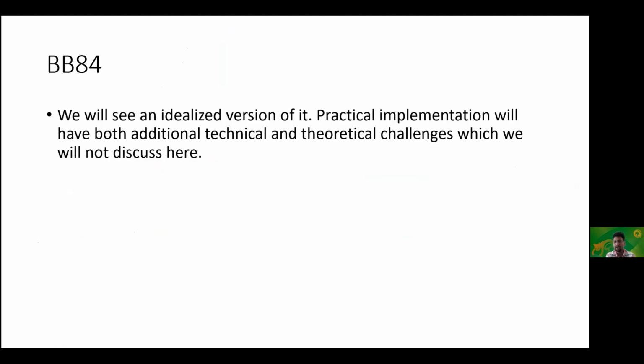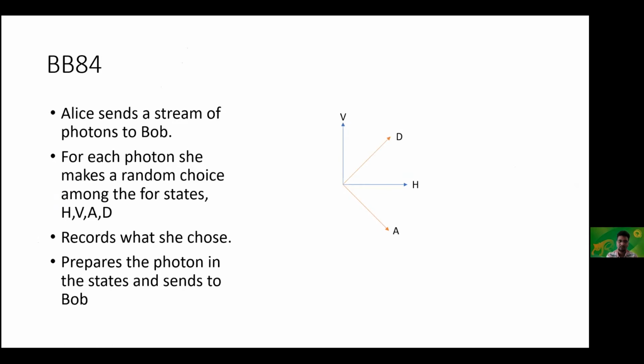Now, we will look at a very idealized version of BB84, but you have to understand that there are additional technical and theoretical challenges when you actually implement it. So how does it work? Let's assume that Alice prepares her photons in 4 different polarization states. I am not putting any ket sign here, but let's assume that these states are denoted H, V, D, and A. H means a photon that is horizontally polarized, and this is denoted by this horizontal vector.